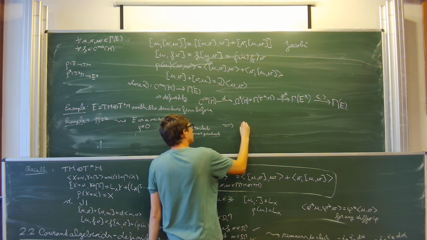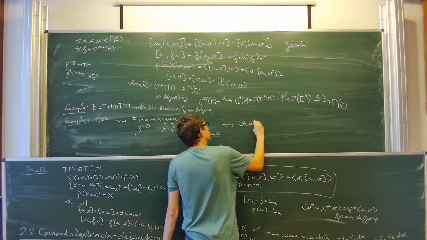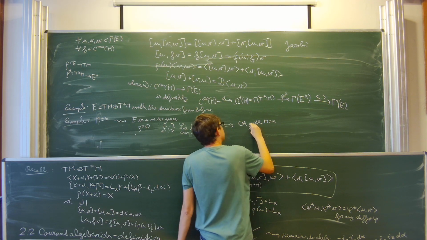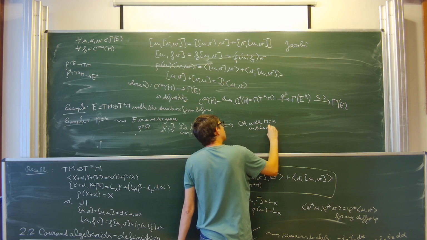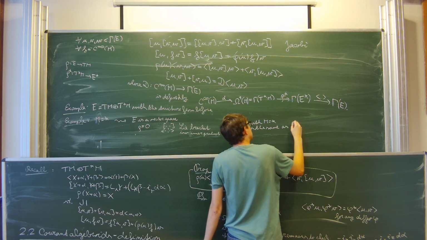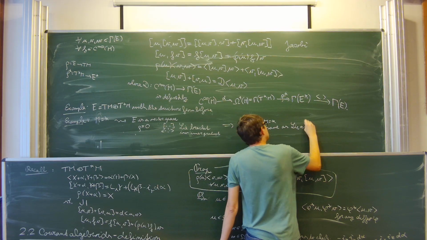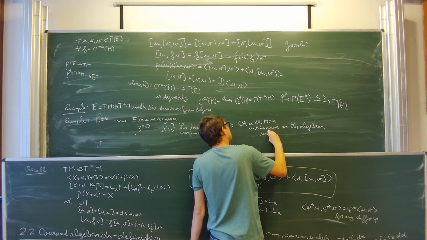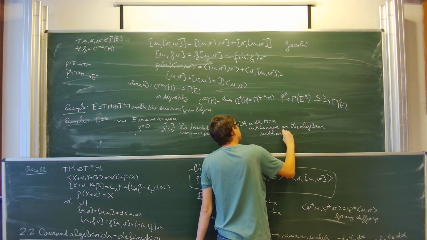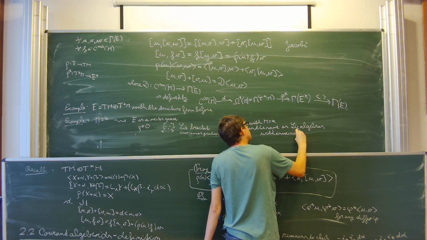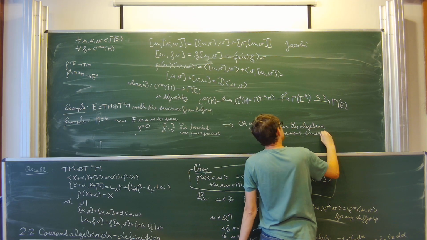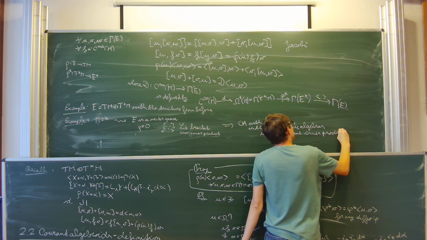So, a Courant algebroid with M equals a point is the same as a Lie algebra with an invariant pairing. Invariant inner product, sorry. I use pairing and inner product as synonyms.